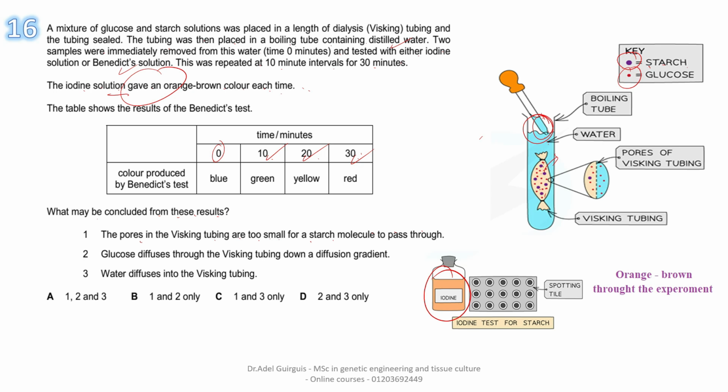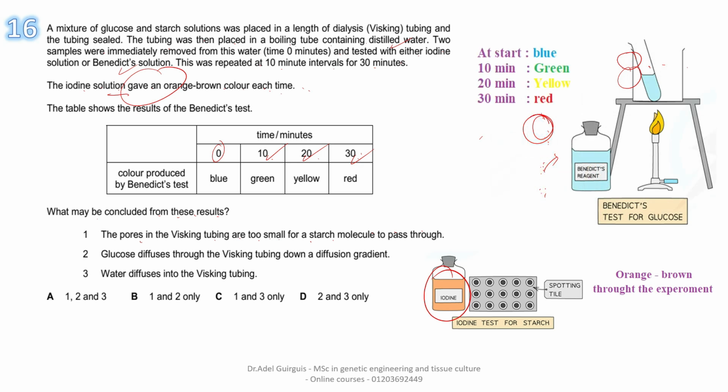Water diffuses into the dialysis tube. Is it a conclusion from our results? No. We carried out 2 experiments, the iodine test and the Benedict test, so this number 3 is not an answer.